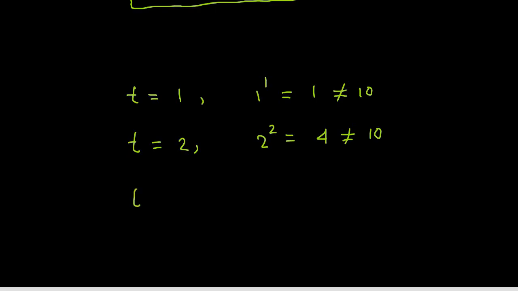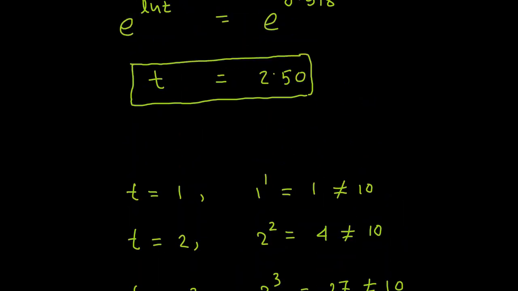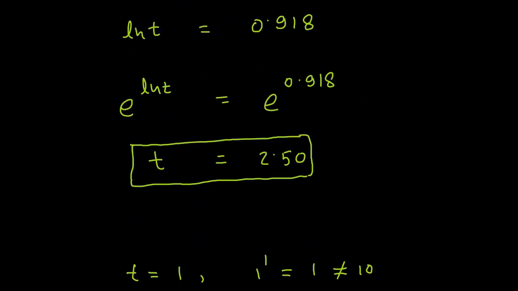If we have t equals 3, we have 3 to the power 3 equals 27, which is also not equal to 10. So the value of t should be between 2 and 3. And we got the value of t as 2.5 approximately. So this is the correct solution for the given equation.